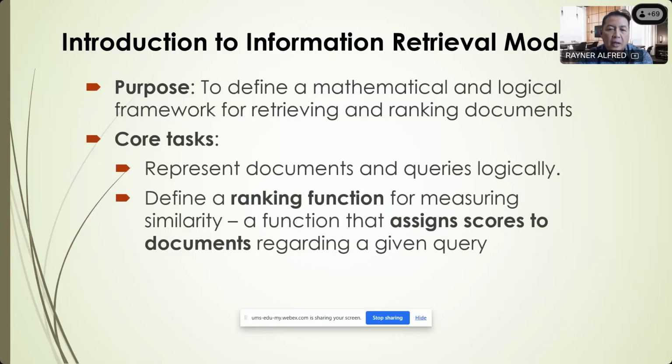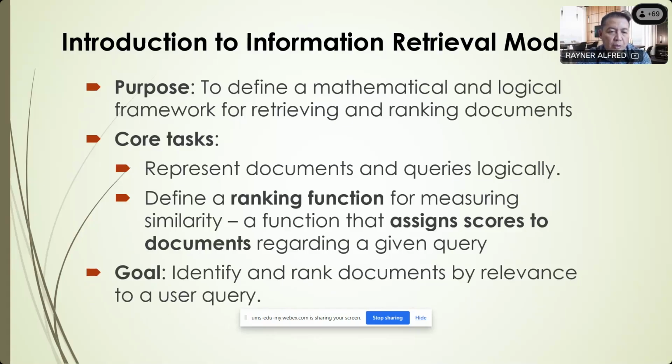This function will be used to assign a score to each document in relation to the given query, showing how similar it is to the query asked by the user. These are the two main concerns when we want to model information retrieval. The end goal is to identify and rank the documents by relevance to the user query.